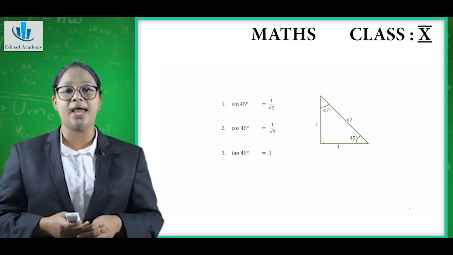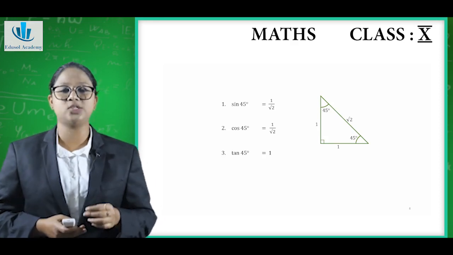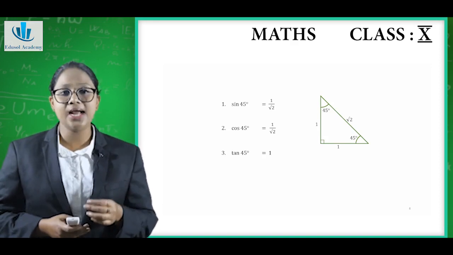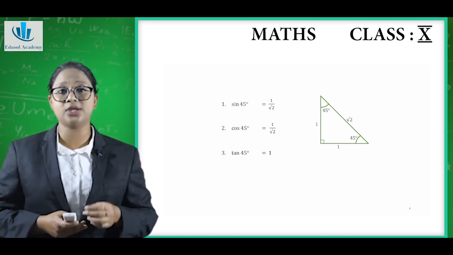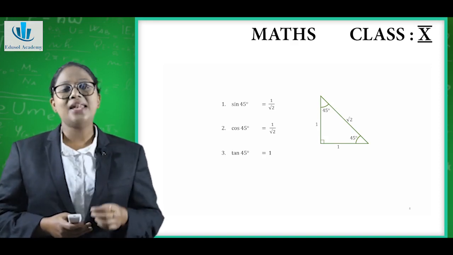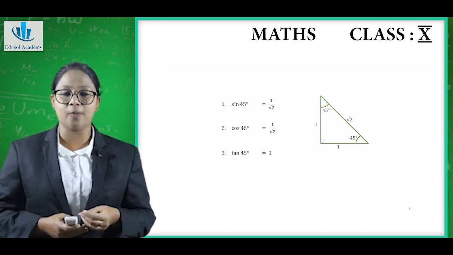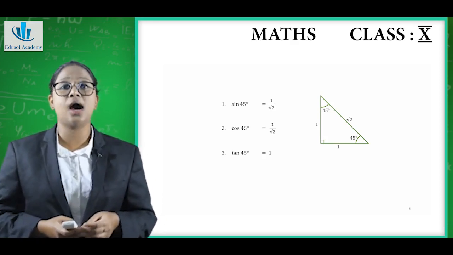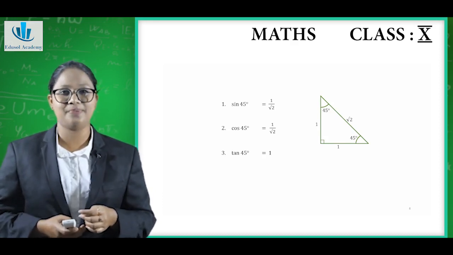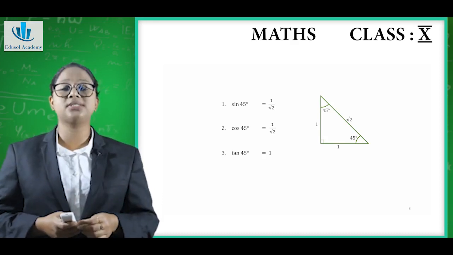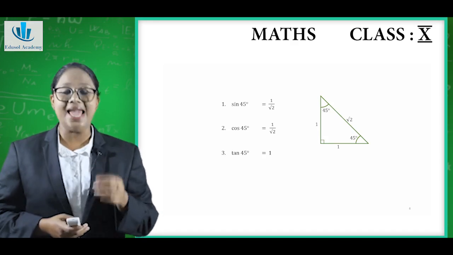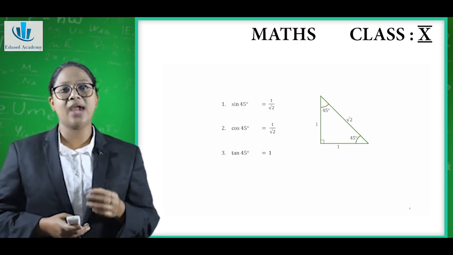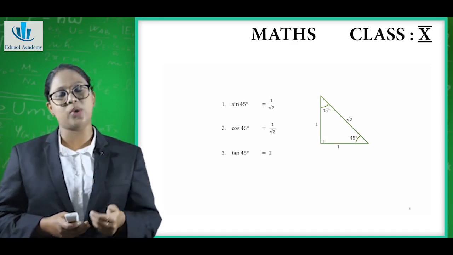We also know that in an isosceles triangle, the base angles are the same, so the angles on either side of the hypotenuse will be equal. Now applying the angle sum property of a triangle, we can find that those angles are 45 degree each. And using Pythagoras theorem, we can find the length of the hypotenuse as root 2. So we have got 1, root 2 and 1.